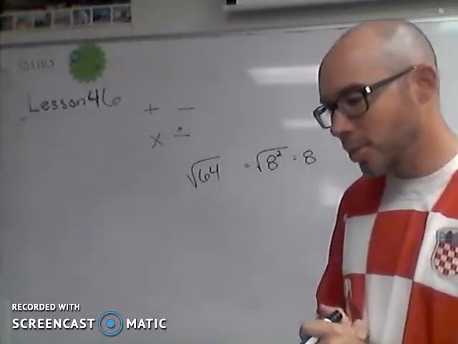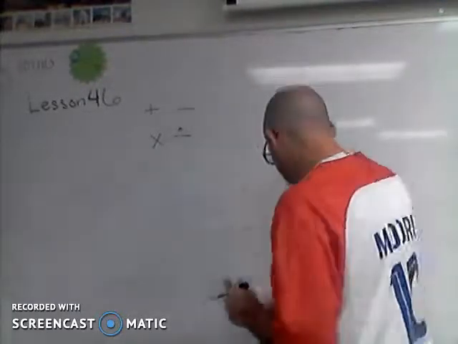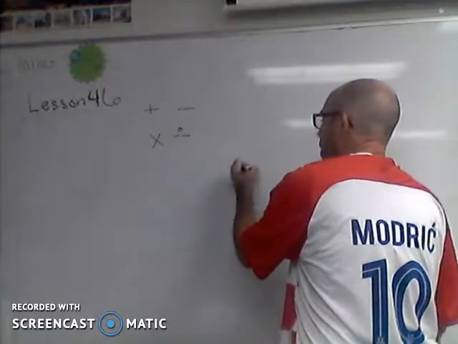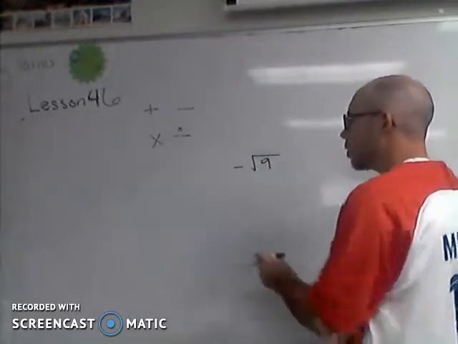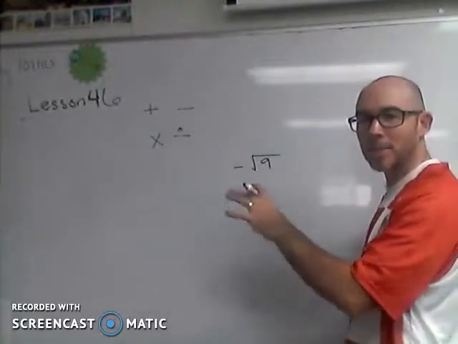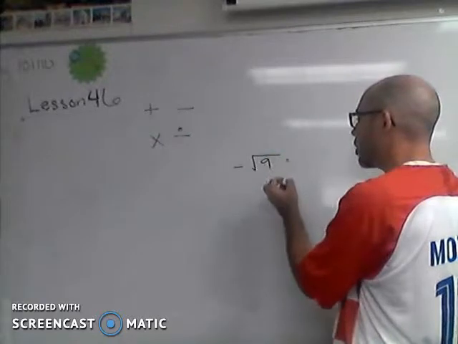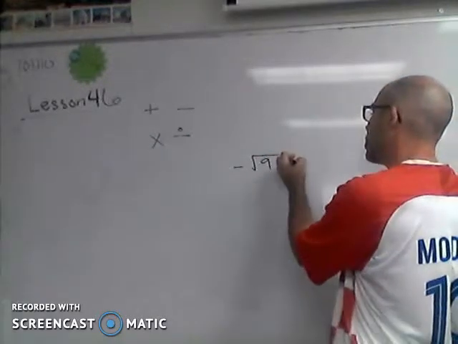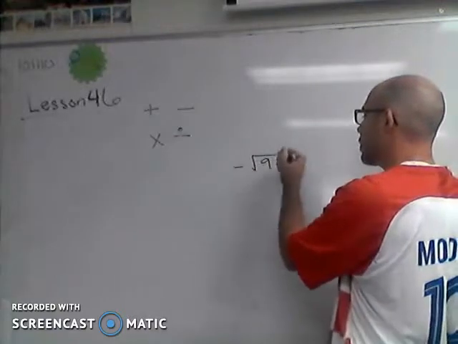Well, there's lots of these that we can do. We can even throw in negatives in there, but only outside. If we had negative square root of 9, that negative is like -1 times whatever is underneath the root sign, the radical or the radicand. And you'd still have that negative hanging out there, and then you'd solve the problem inside of here.